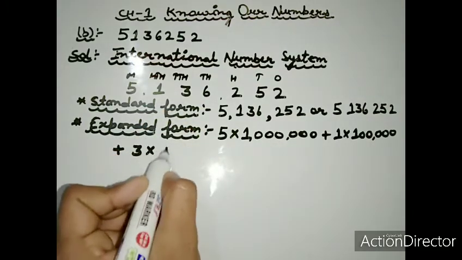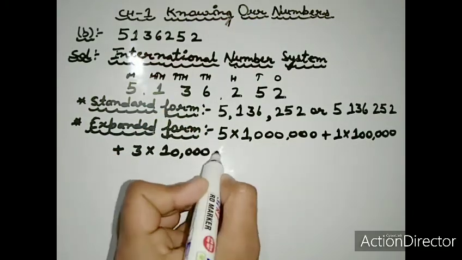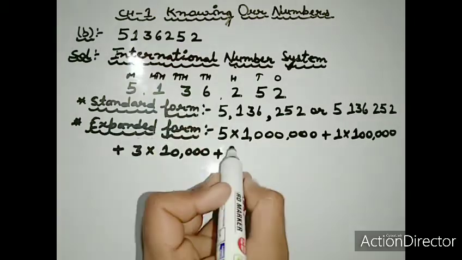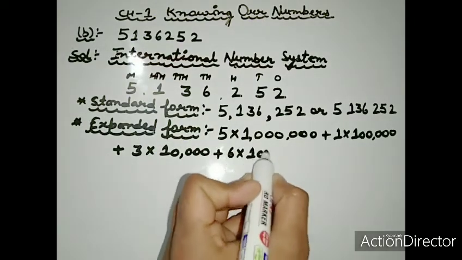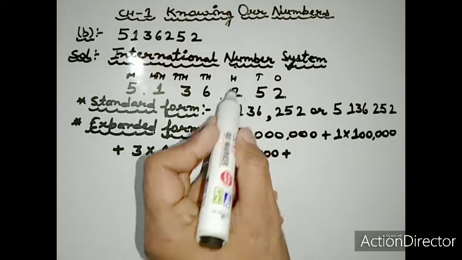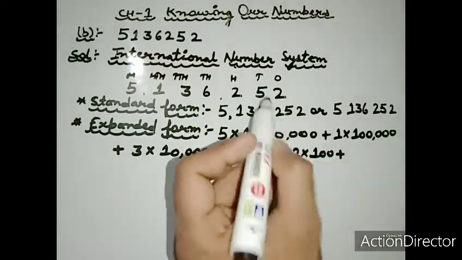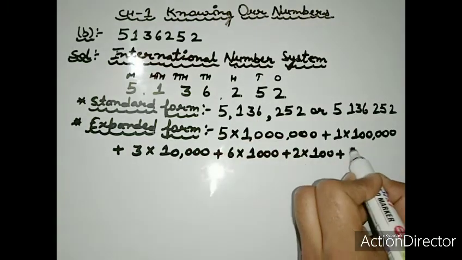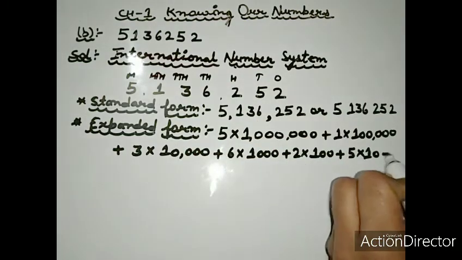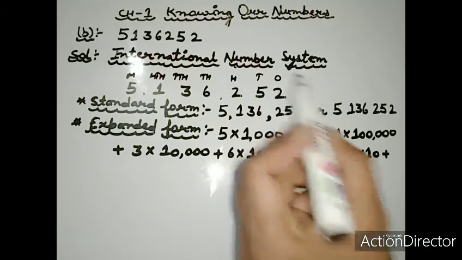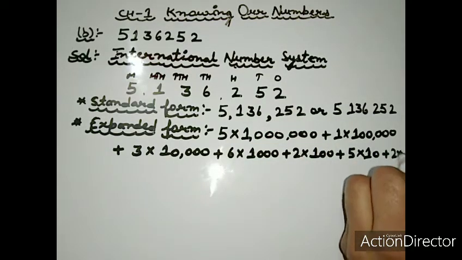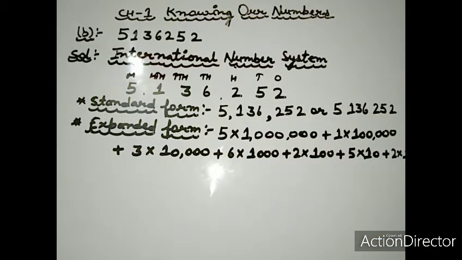So here 3 multiply by 10,000. 6 in a 1,000 place. So here 6 multiply by 1,000. 2 in a 100 place. So 2 multiply by 100. 5 in a tens place. So here 5 multiply by 10. And 2 in a ones place. So here 2 multiply by 1. Now we write the word form of this number.